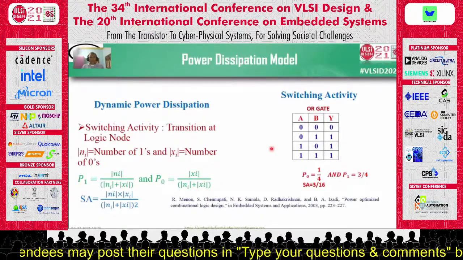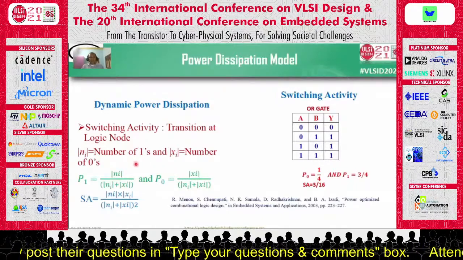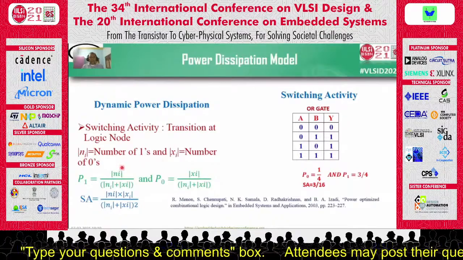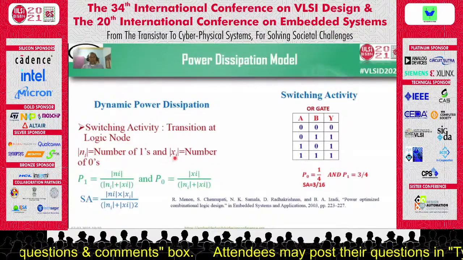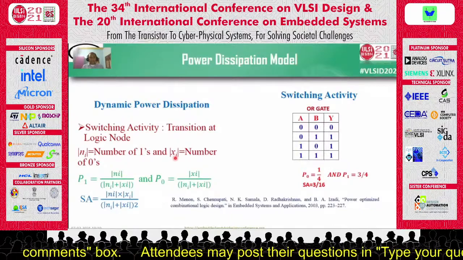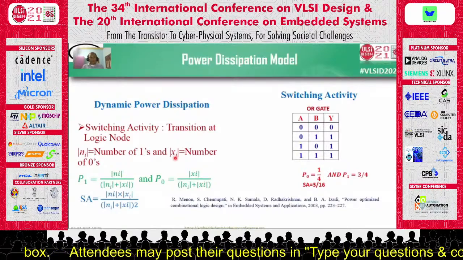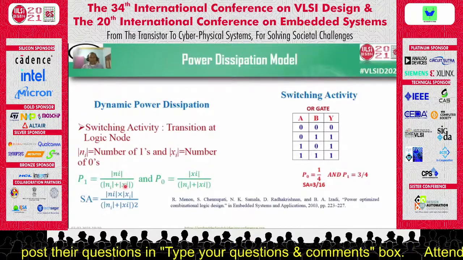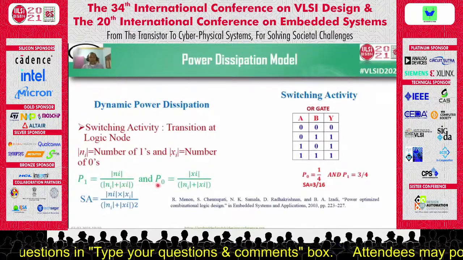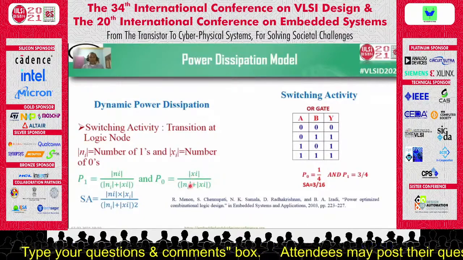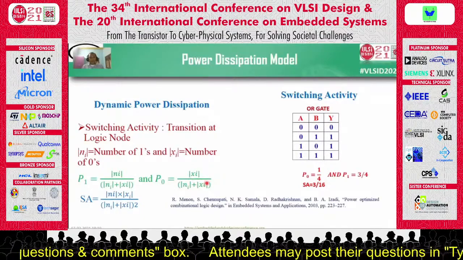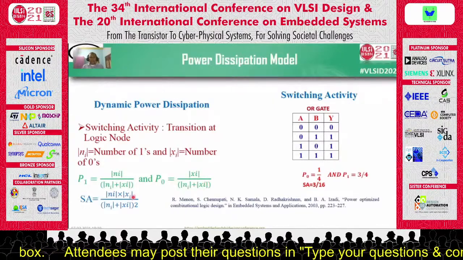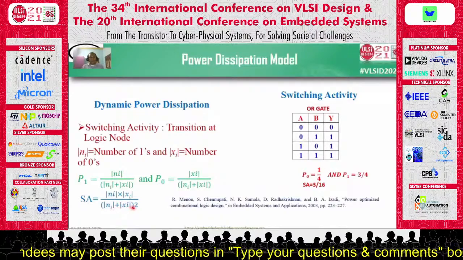Now suppose at node i, the number of ones is represented by Ni and the number of zeros is represented by Xi. Then the probability of occurrence of 1 at that node is given by Ni by (Ni plus Xi), and the probability of occurrence of 0 is given by Xi by (Ni plus Xi), and hence the switching activity at that node is given by Ni into Xi by (Ni plus Xi) whole square.